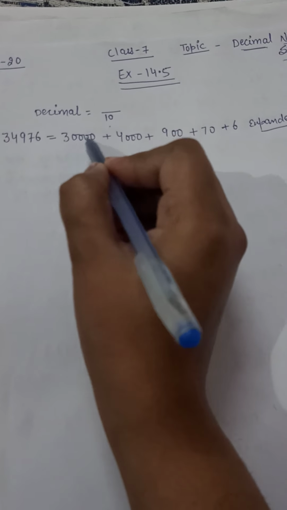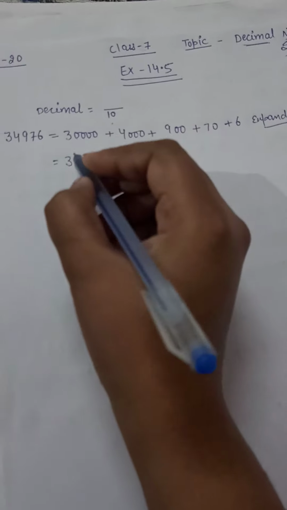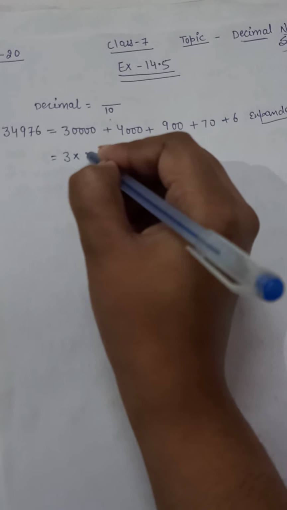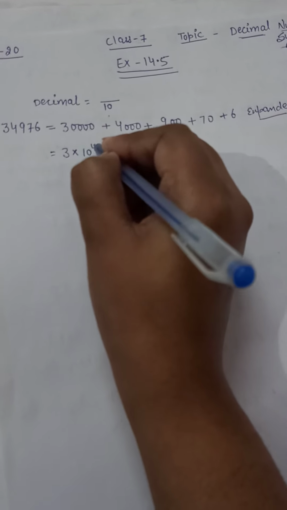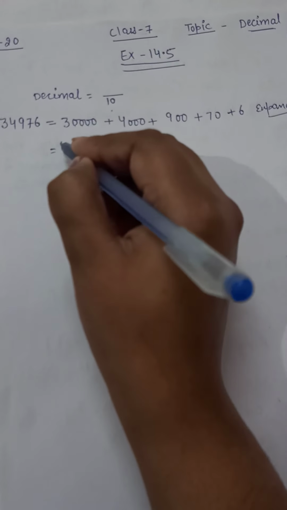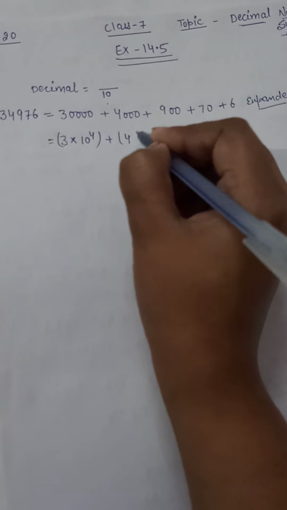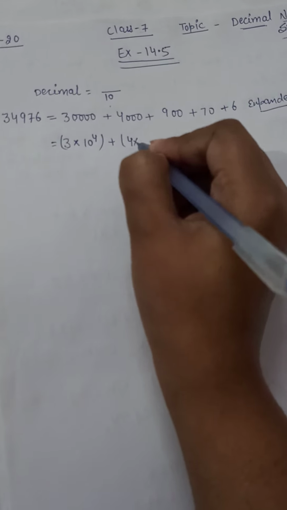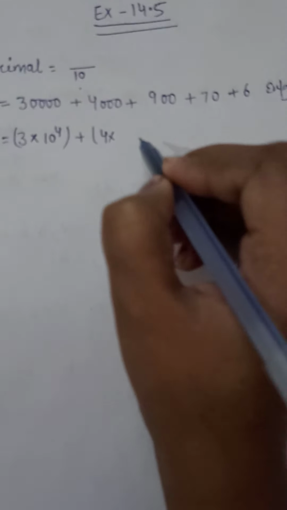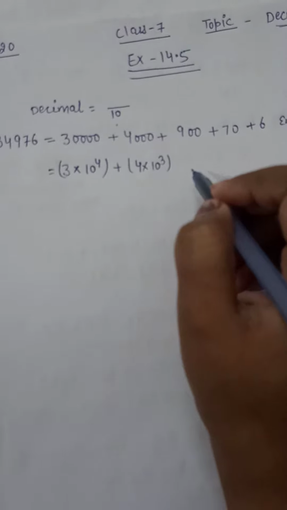So see here, how many zeros are there? 1, 2, 3, 4. So I can write it like this, multiply with 10 to the power 4, plus bracket 4 with 3 zeros, multiply with 10 to the power 3, bracket close.